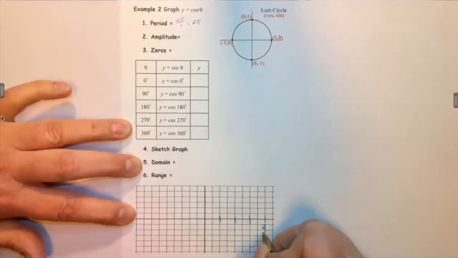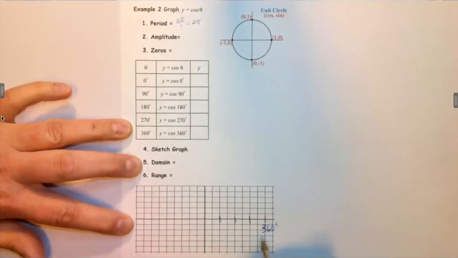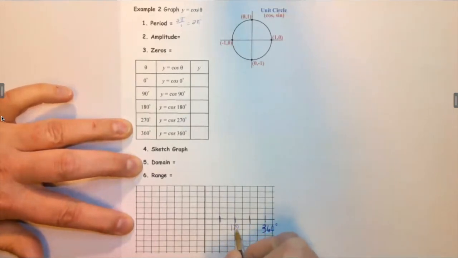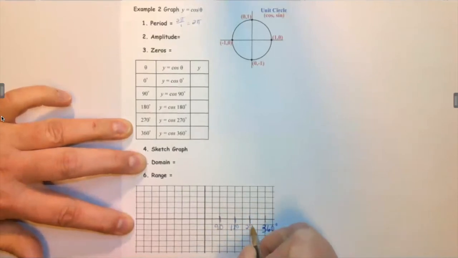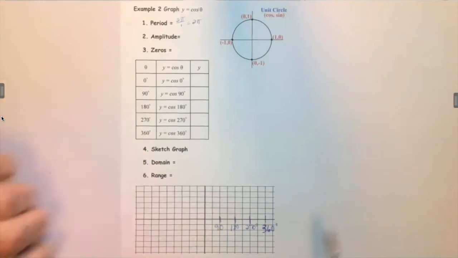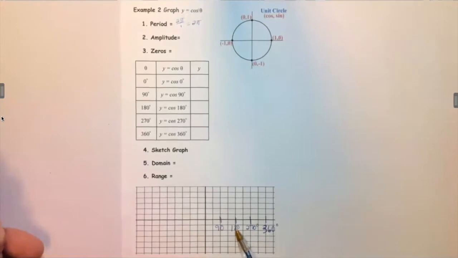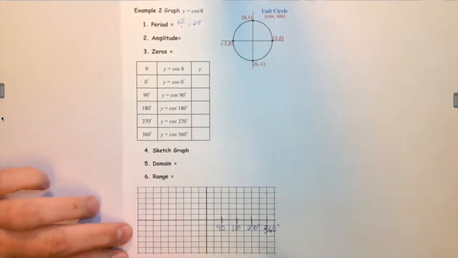That is 360 degrees. Half of 360 is 180. Half of 180 is 90. And we can see that we are going from 0 to 90 in increments of 90. That's going to be important when the functions get more difficult. You always take your period and put it at the end of your cycle, cut it in half, and then cut it in half again.